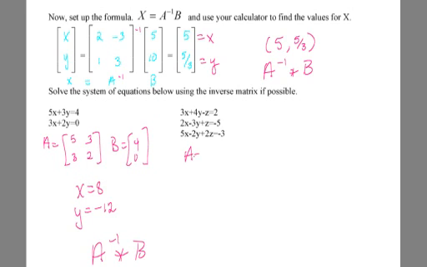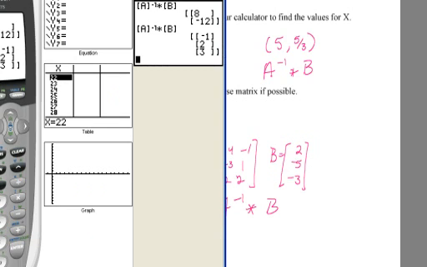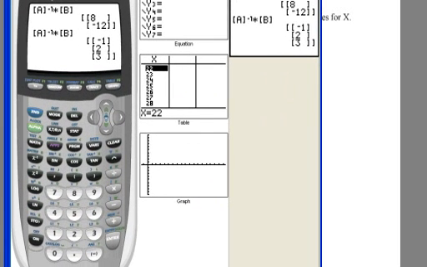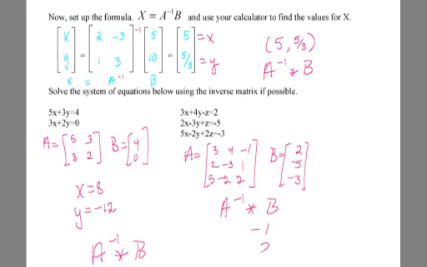Extract A. Extract B. Make sure you place A and B in your calculator and do A inverse times B. You should get the values of -1, 2, and 3.